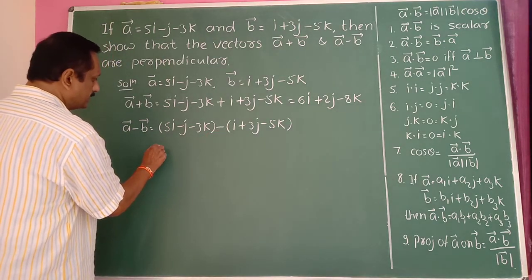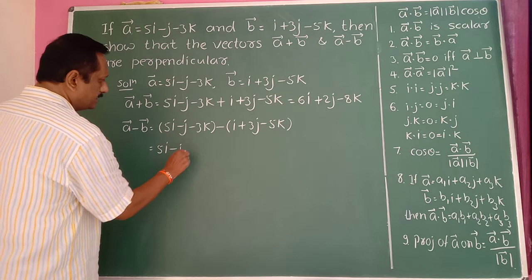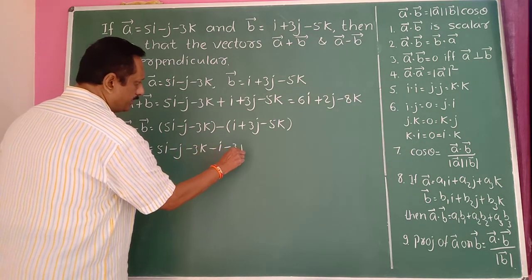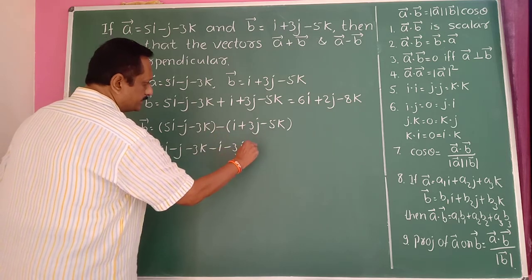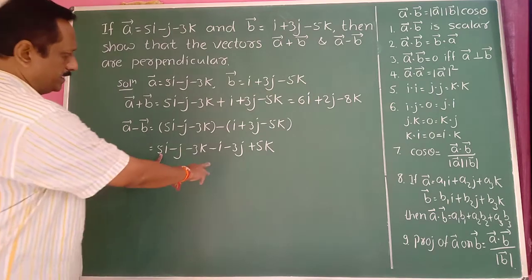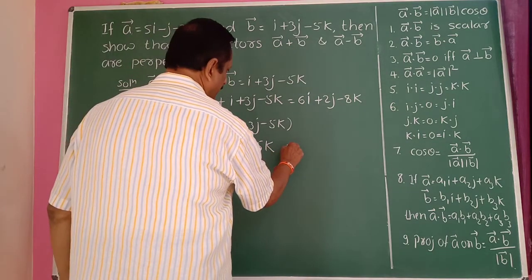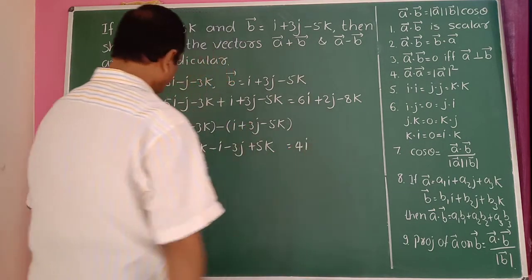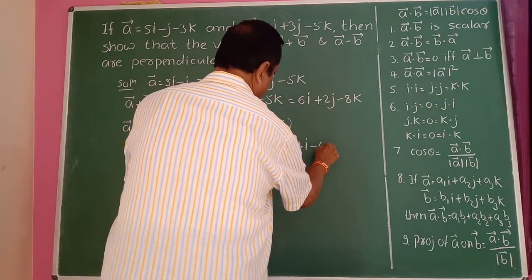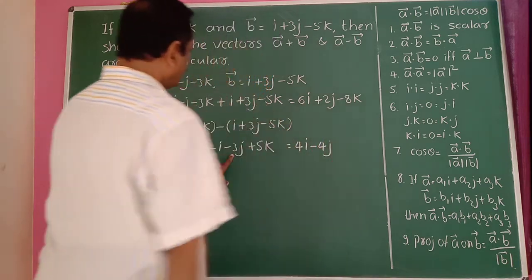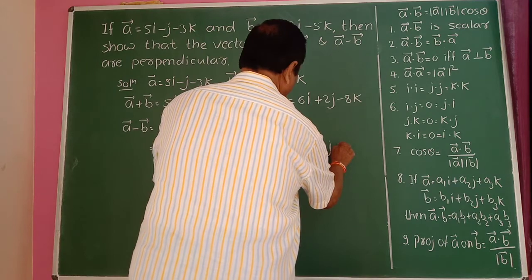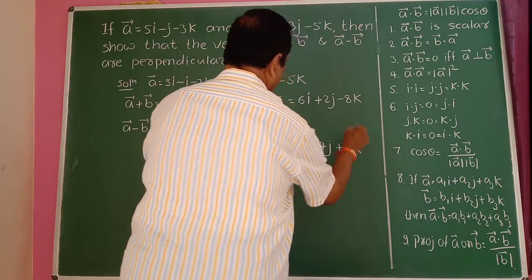Hence 5i minus j minus 3k minus i minus 3j, and minus into minus becomes plus 5k. 5i minus i gives 4i. Minus j minus 3j is minus 4j. Minus 3k plus 5k is plus 2k.